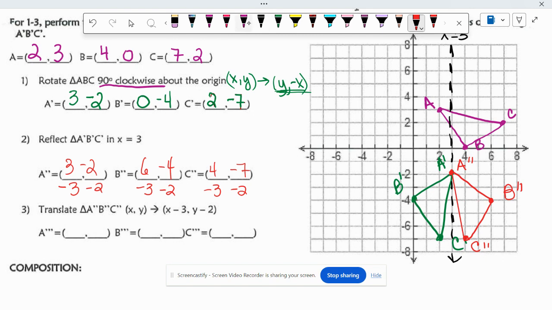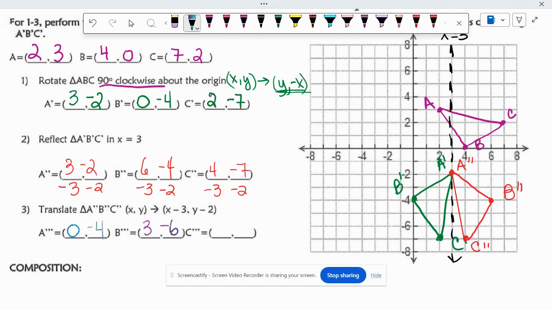That way, I'm going to do the math right down here. So what is 3 minus 3? So A triple prime is 0, and what is -2 and -2? -4. Okay. What is 6 and -3? So B triple prime starts with 3, and what is -4, -2?